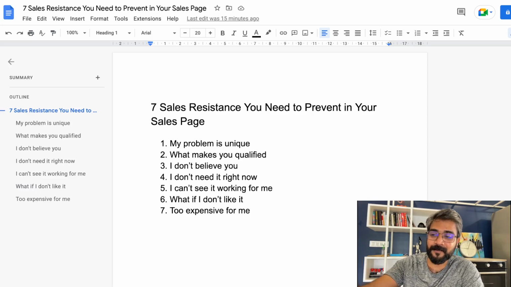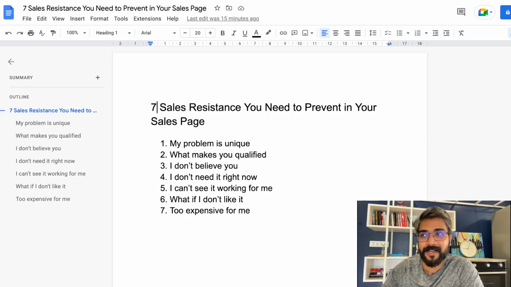Now, if I have to buy this particular tool, I would have to spend like $99 a month. Earlier, it was available for $200 for lifetime. Many people don't realize that. And guess what? These guys may not have done the right job in convincing me that I needed it right now.